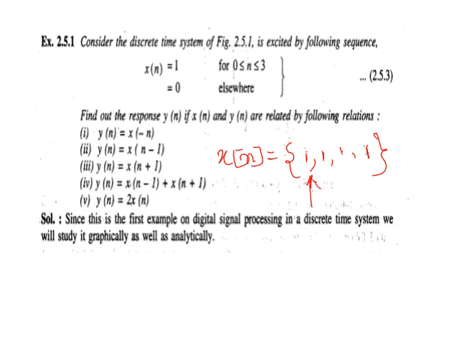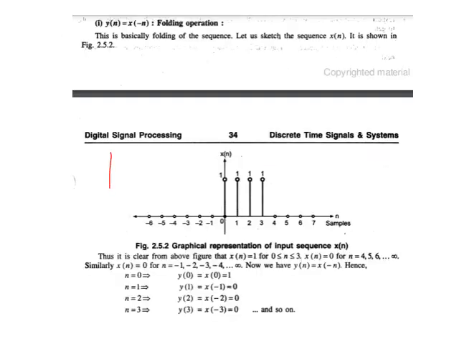Okay, arrowhead at the first position. So this is the sequence representation. Now how can we represent it in graphical form? This is the graphical form of the representation of the given signal.